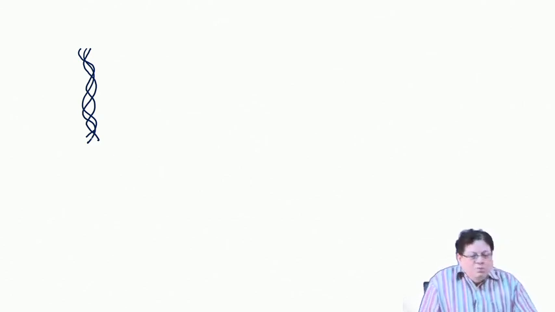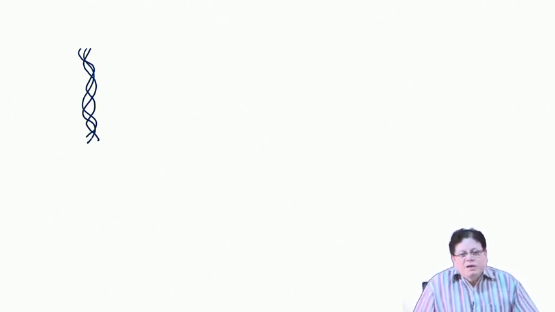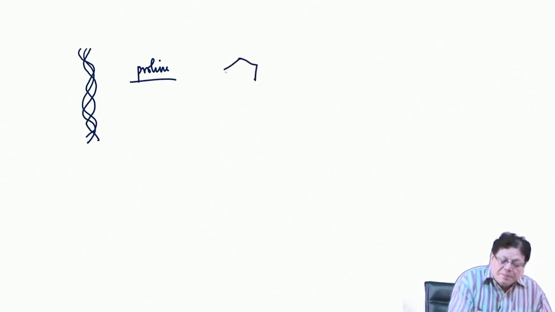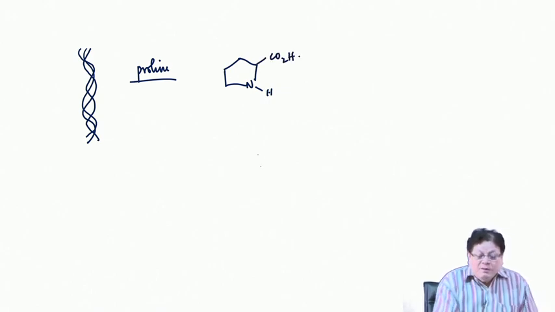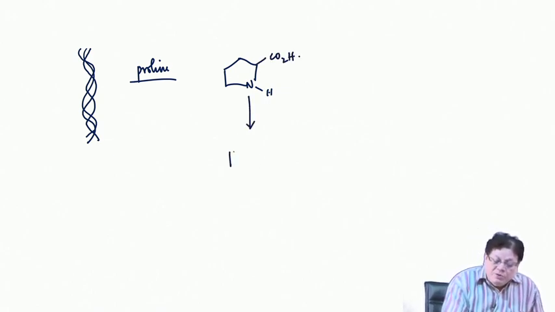In order to form the triple helix, what has been found is that proline, the only secondary amino acid, has to be converted into 4-hydroxyproline. 1, 2, 3, 4.